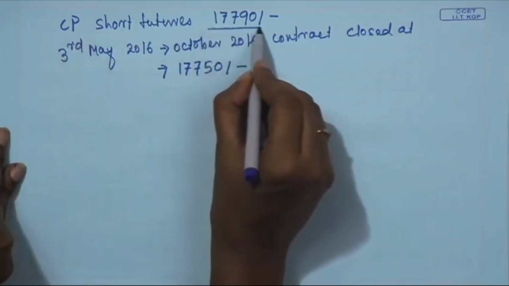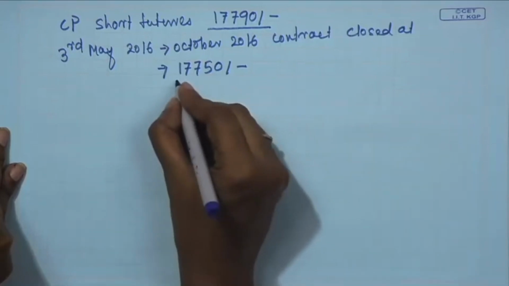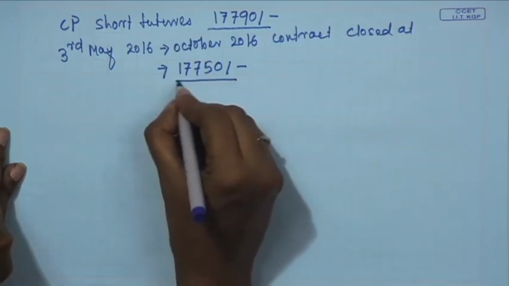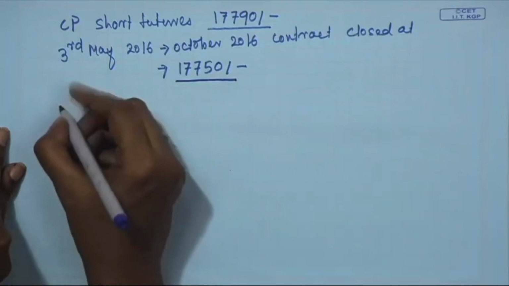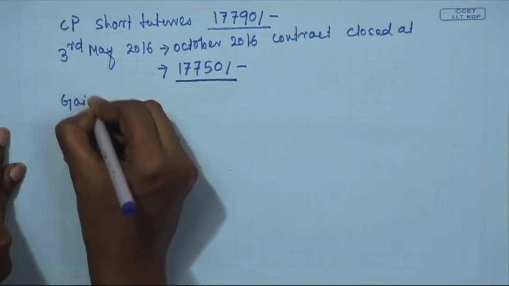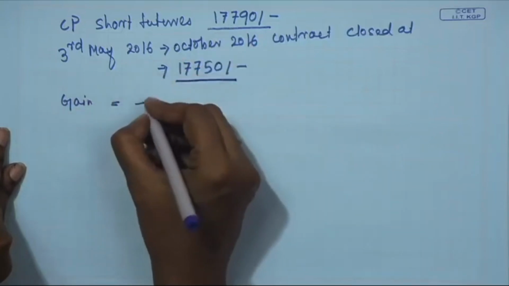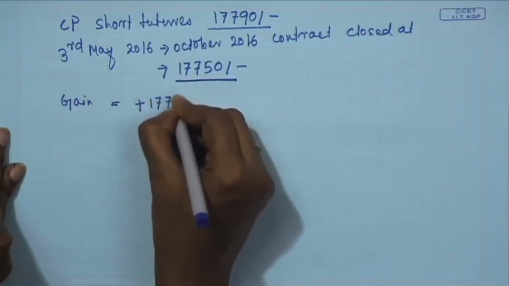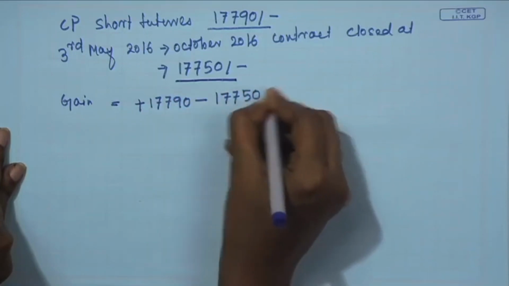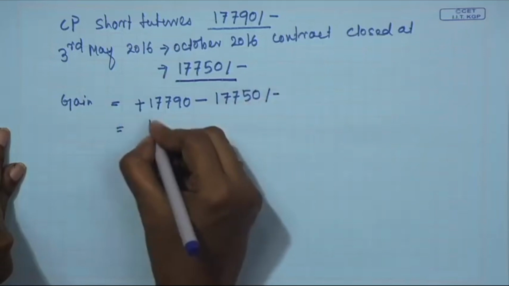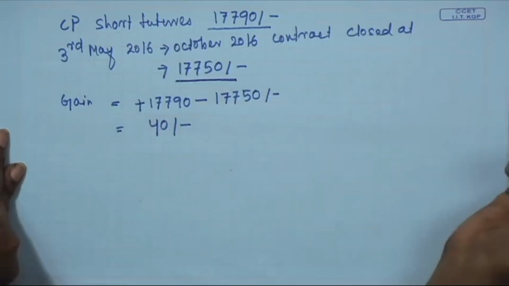He has agreed to sell something at 17,790 and he can buy the same thing at 17,750. So what will be his gain or loss? He sold at 17,790 and he can buy at 17,750, so that means he has a 40 rupees gain per bale.